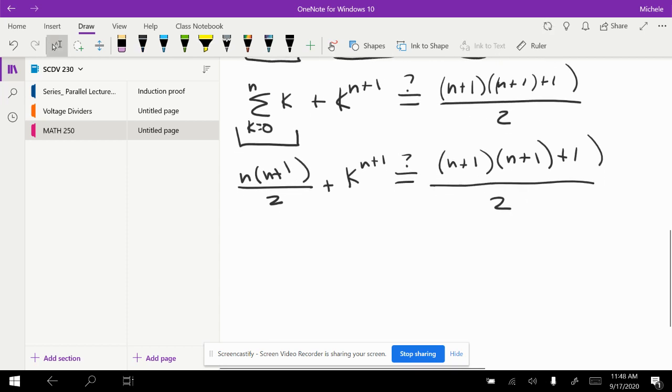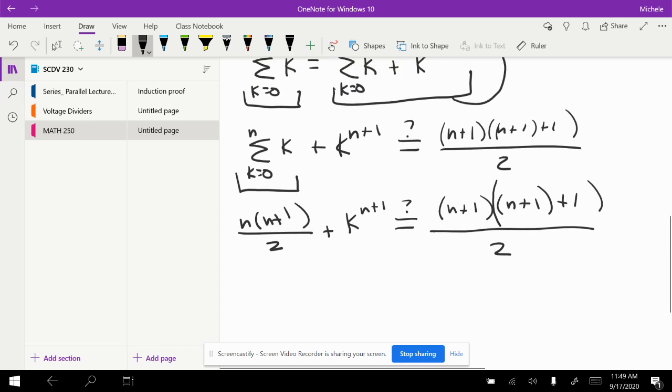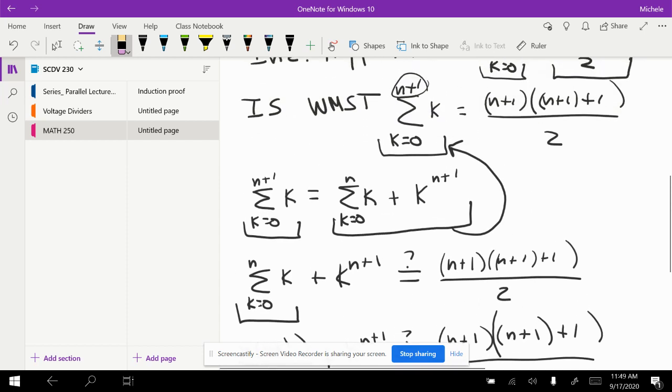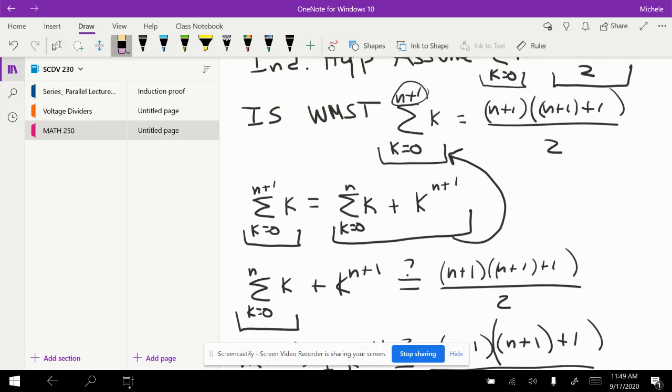Okay, so what do we do now? Actually, right here, instead of k to the n plus 1, this is wrong. This little piece is not right, so I did this wrong.